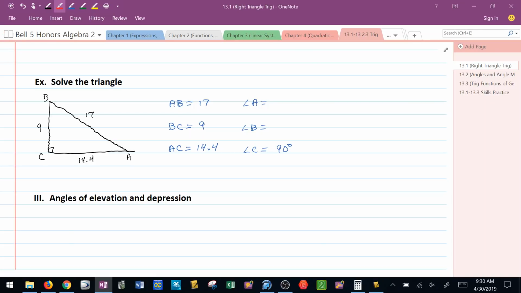To find angle A, I can use any trig that I want to. I'm going to go ahead and use sine. So the sine of angle A is equal to 9 over 17. Now, because I'm missing an angle, I use inverse trig in order to calculate it.